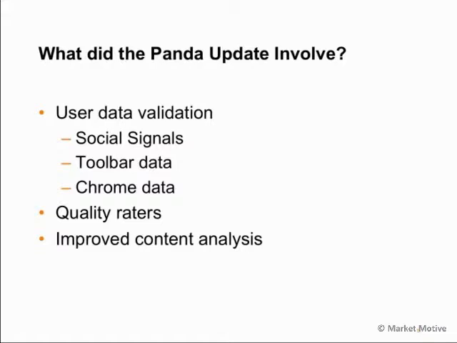It used to be that you could just have a site that was subpar, send a lot of links to it, and get that page to rank. Now you need that user data validation that says, hey, people have been sharing this. People have been looking at it, and we know that from our toolbar and from our browser and from those metrics. We know that people are coming to the site and not clicking back. They actually like what they're looking at. So these are the types of things that the update included into the new algorithm.